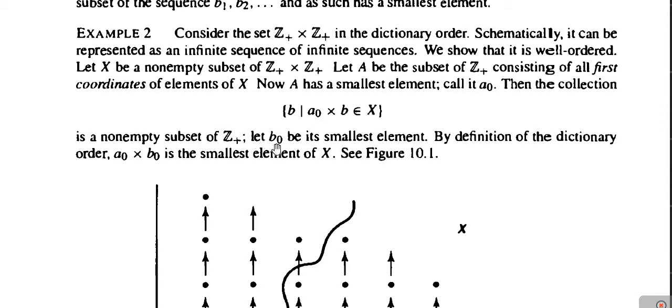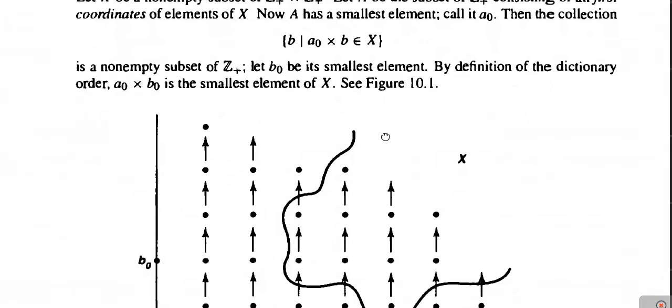And let B0 be the smallest element of this collection. Then by the definition of the dictionary ordering, A0 cross B0 will be the smallest element of the set X.